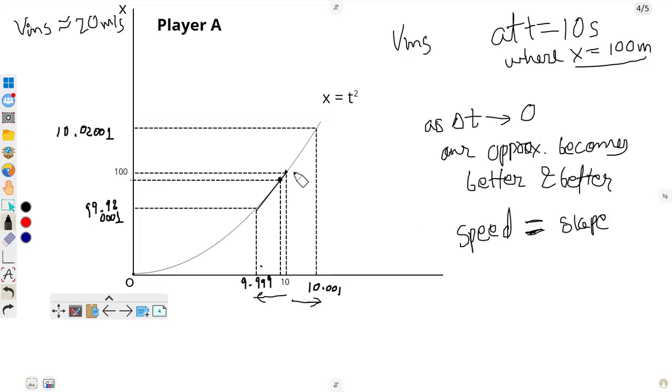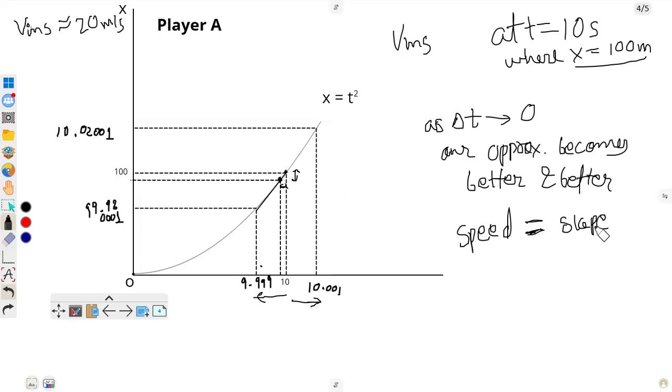So it should be very clear that speed will actually be the slope of this curve. Why would it be the slope? Because we are dividing the change in x by the change in t, which is defined to be the slope of the line that passes through these 2 points.